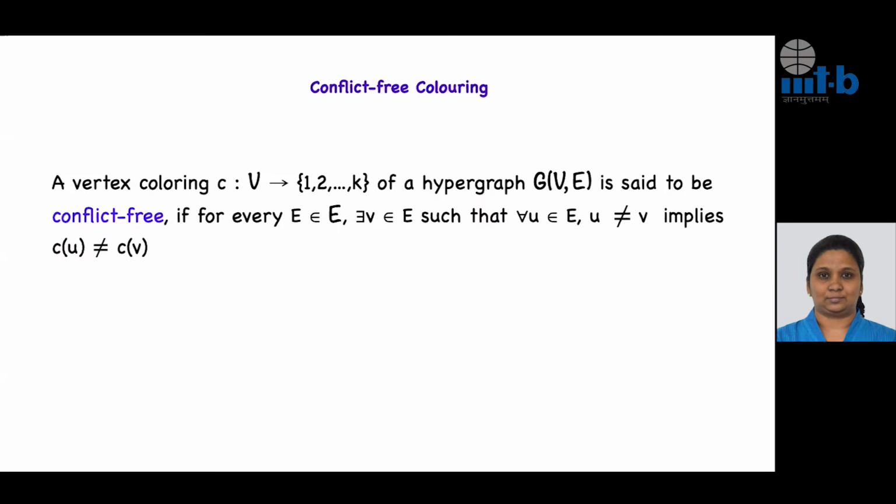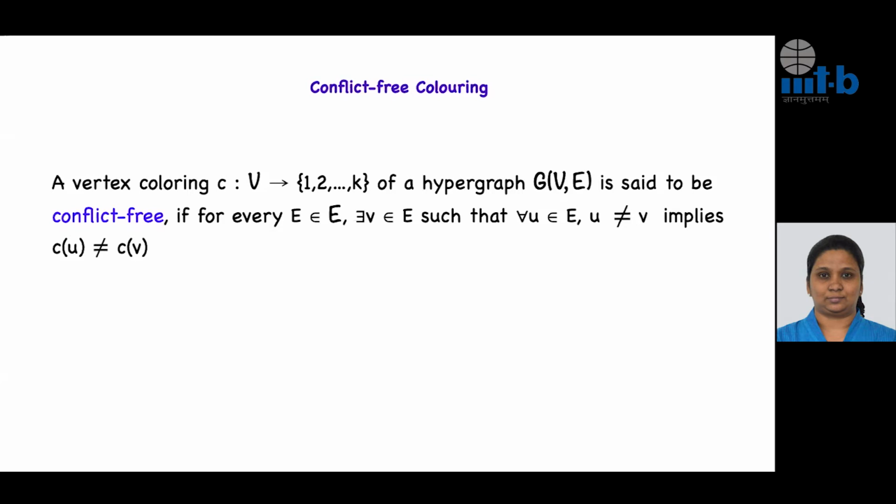A conflict-free coloring means a coloring of the vertex set such that for every hyperedge E, there exists a vertex V in that hyperedge such that for every other vertex U in the hyperedge, U not equal to V, the color of U and the color of V are not the same in this coloring.